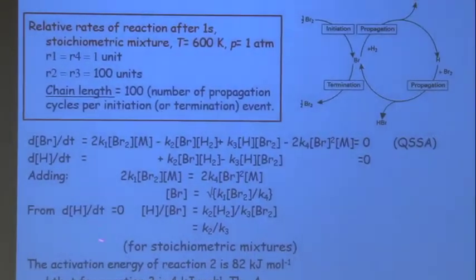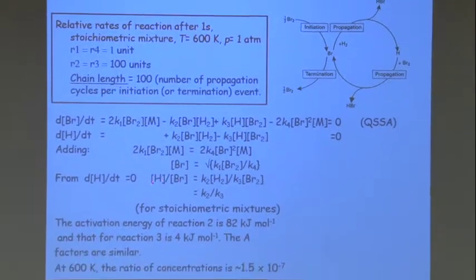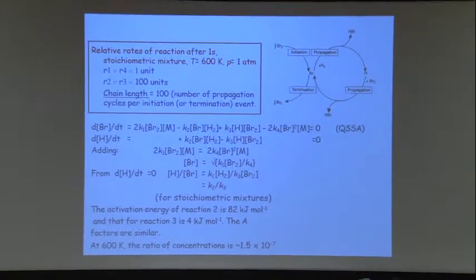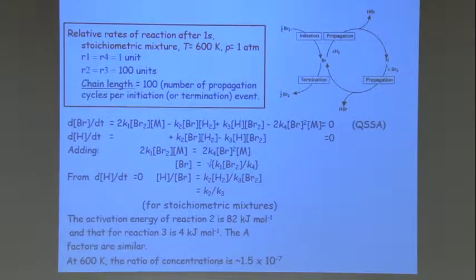And then d[H]/dt is equal to 0. So from this, we can get that [H] over [Br] is equal to k2 times [H2] over k3 times [Br2]. We're dealing with a stoichiometric system, so the concentrations of H2 and Br2 are the same. And so the concentration of H over Br is simply the ratio of those 2 rate constants, k2 and k3. k2 being this step and k3 being this step.